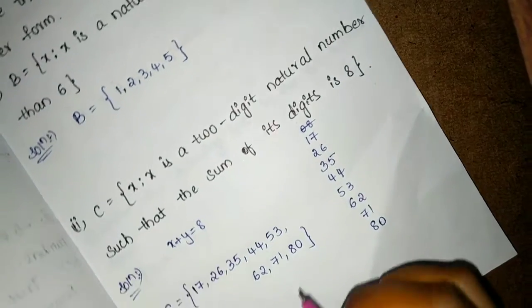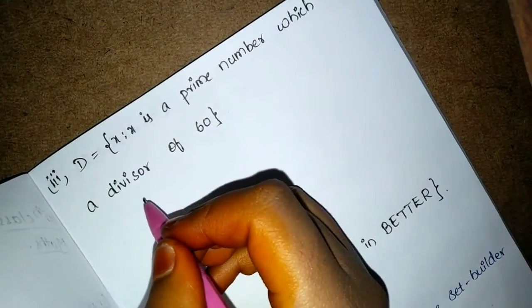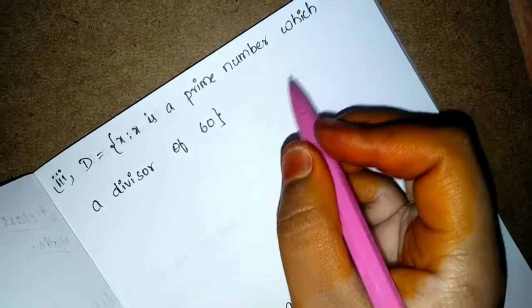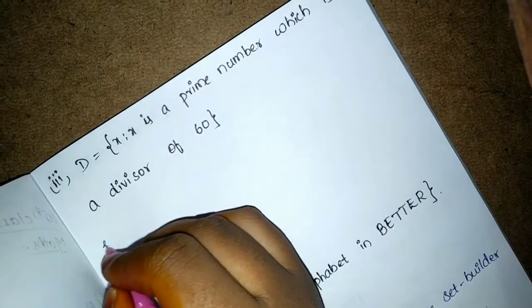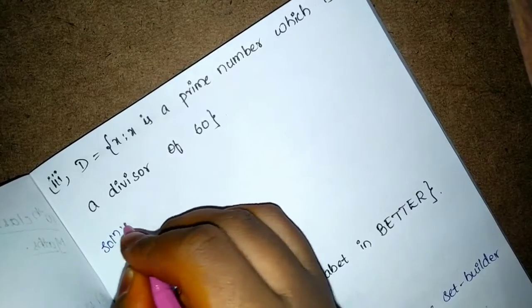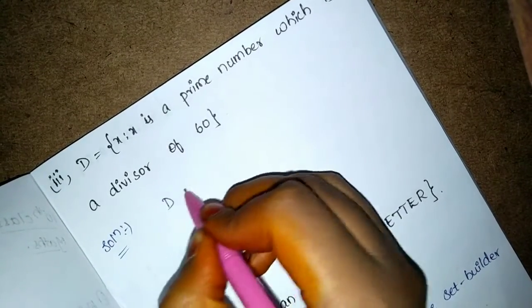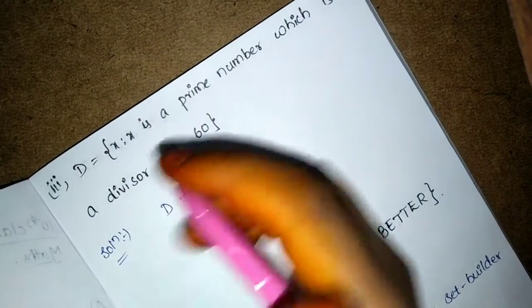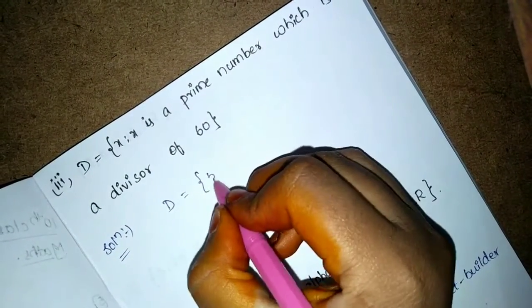This is the roster form. Next, third one, D equal to the set of x such that x is a prime number which is a divisor of 60. It is very simple. We all know that the prime numbers that are divisors of 60 give the set of 5, 3.